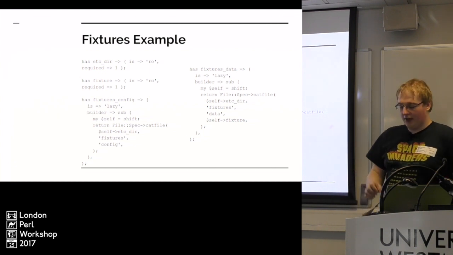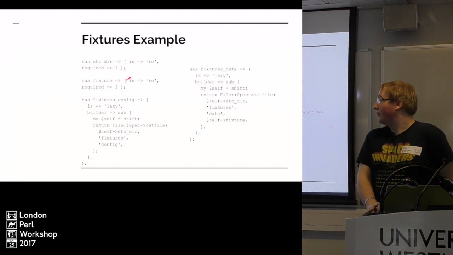So a lot of the times I pass it in exactly where it should expect the etc. to be, which fixture you want, and then pull out the fixtures config for yourself. For the actual directory, and then pull out the data files itself.